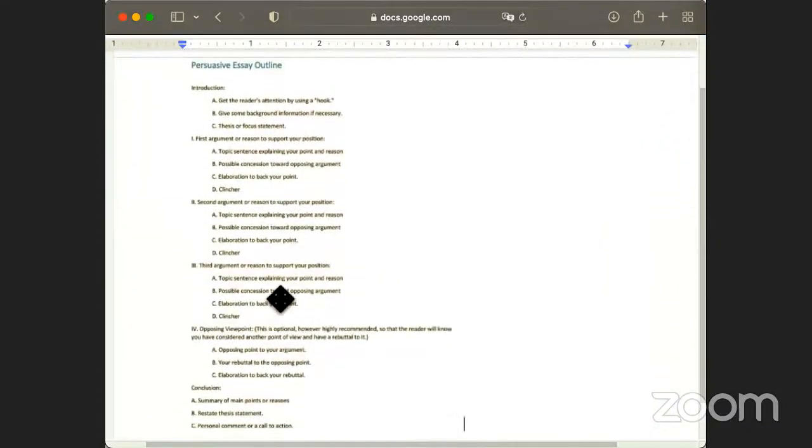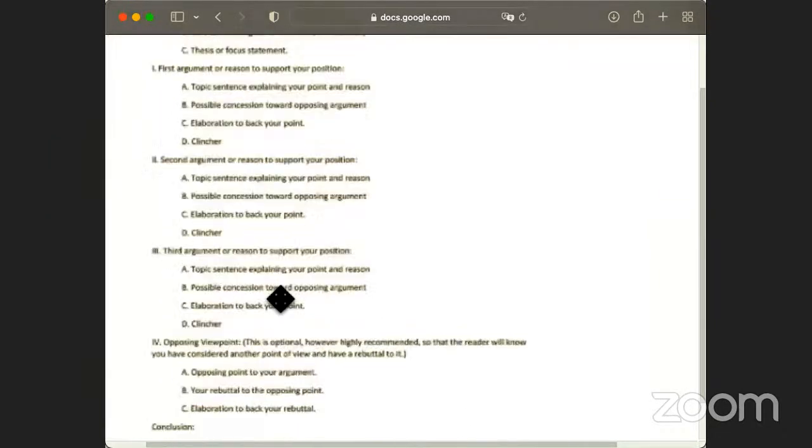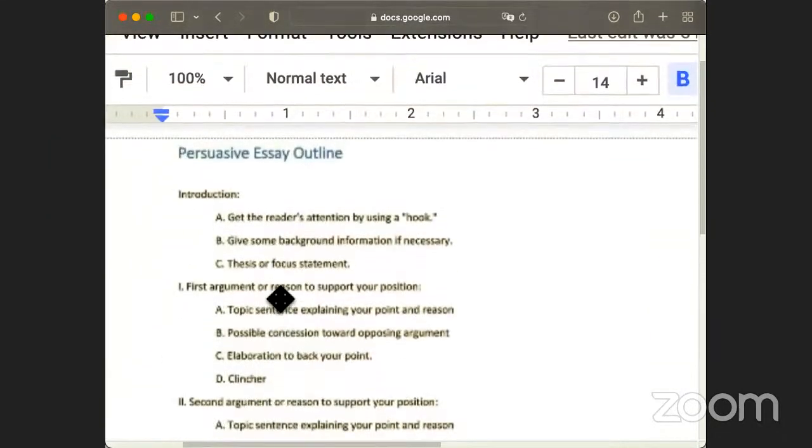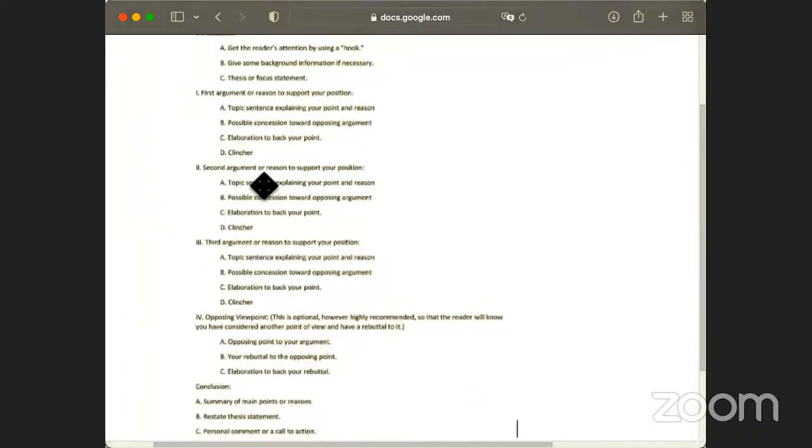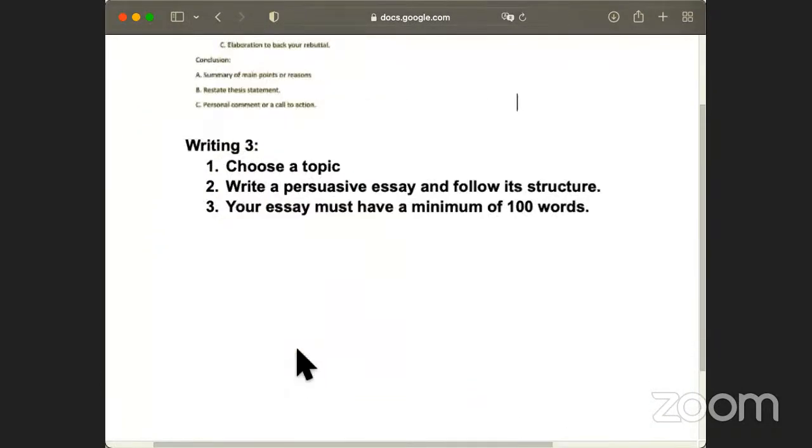I copied and pasted it here. The one that we were just talking about is here in the docs, so you can have a better idea how to organize your paragraphs. So please write this for tomorrow so we can review this before I give you your final essay.